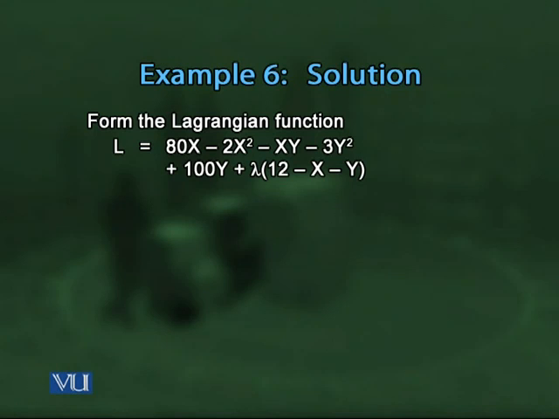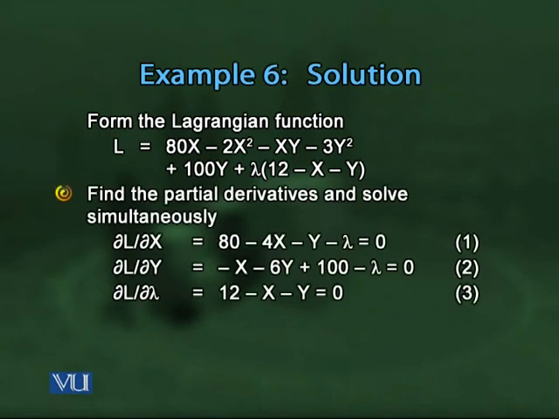Once we form this Lagrangian function, the next step is to find the partial derivatives with respect to x, y, and lambda. Now, we have said previously that lambda is a constant. At this point, we are treating it as a variable, so that now we will have three equations in three variables, that is x, y, and lambda.